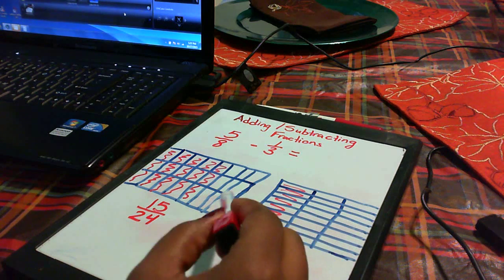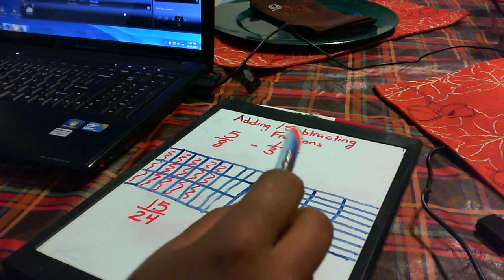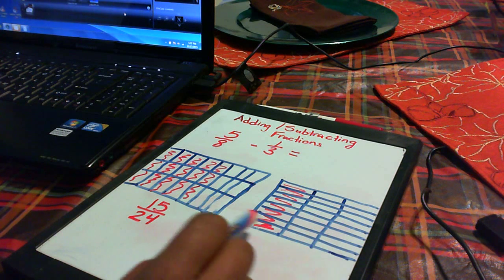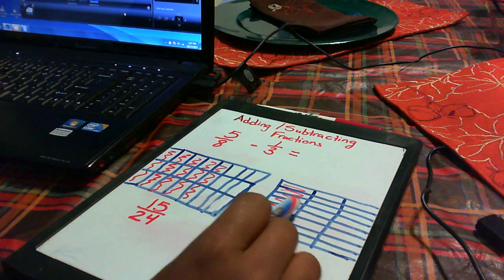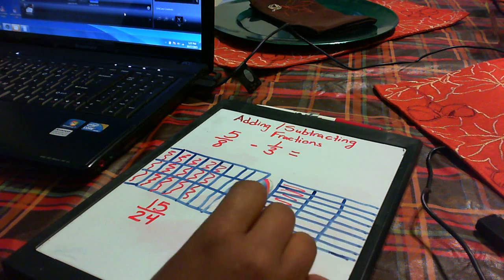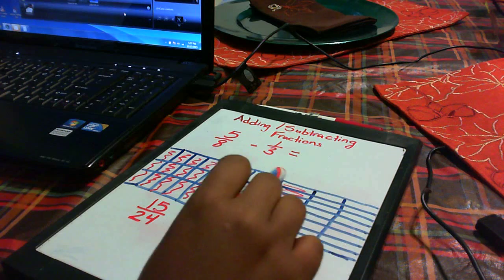Now I'm going to come down to my next box. I have to count all the pieces. I know that 3 goes this way, so I'm going to count by threes again. 3, 6, 9, 12, 15, 18, 21, 24.